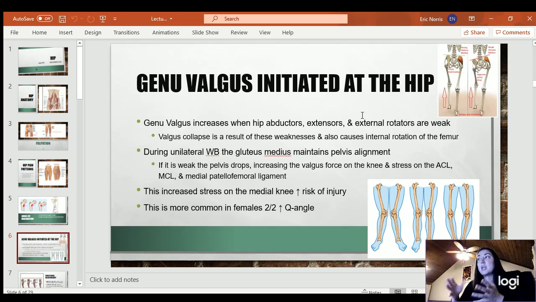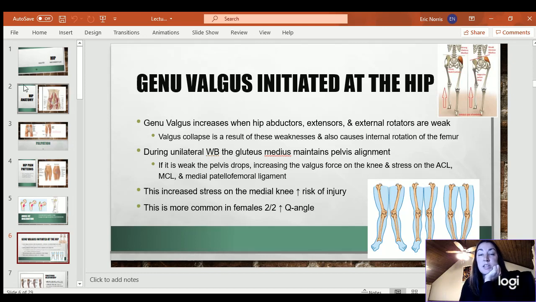You've already seen when you're standing on one leg, if that gluteus medius is weak, the other pelvis will drop, and it will cause a genu valgus at the knee because of the drop of the hip down.